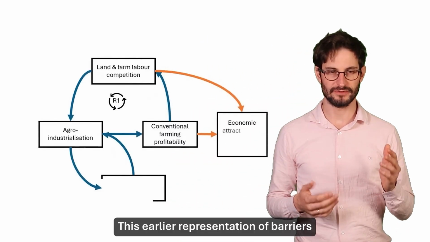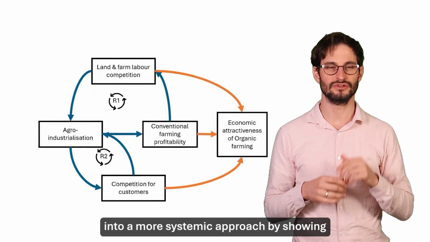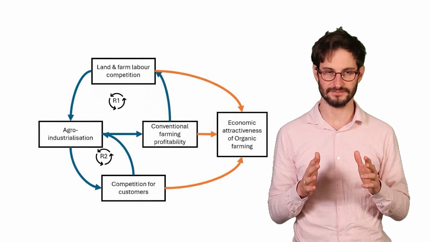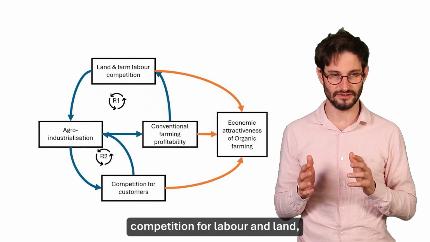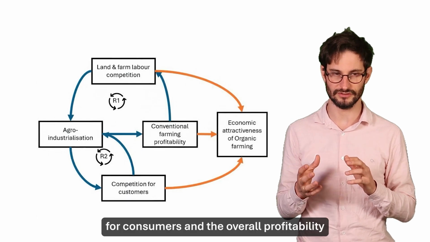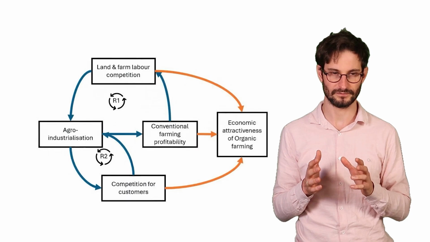And it can be useful to represent these lock-ins in the form of a system diagram. This earlier representation of barriers to organic farming can be integrated into a more systemic approach by showing interactions among the different elements. This model represents the links between competition for labor and land, agro-industrialization, competition for consumers, and the overall profitability of conventional farming.